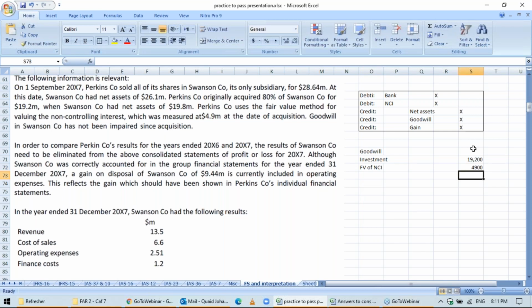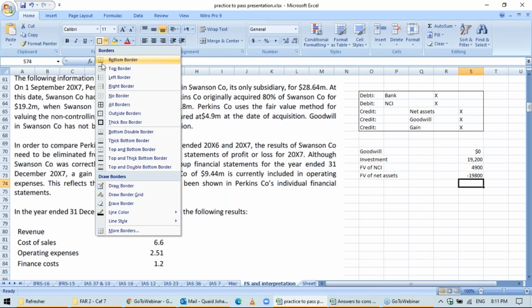This is all dollars in thousands. And then I will deduct the fair value of net assets in order to arrive at the goodwill. So the fair value of net assets given in the question on acquisition were 19,800. So I will deduct the fair value of net assets in order to arrive at the goodwill. So this gives me the goodwill.